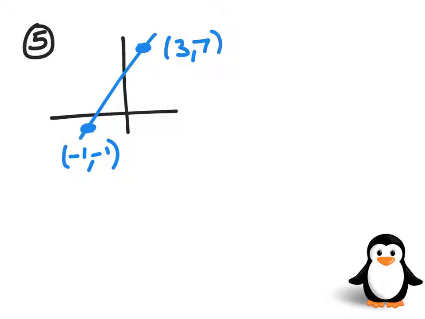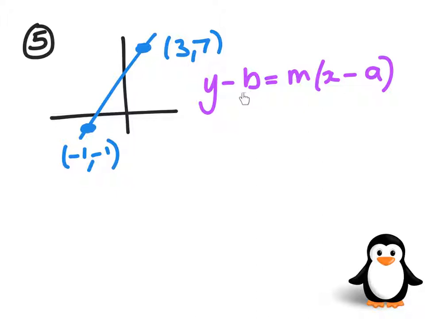Question 5, we need to work out the equation of the line this time. So a wee bit different to the last question, still straight line. This time we're going to use the formula y minus b equals m(x minus a). Okay, so we're looking for numbers which are going to go in here for b, here for a, and here for m.